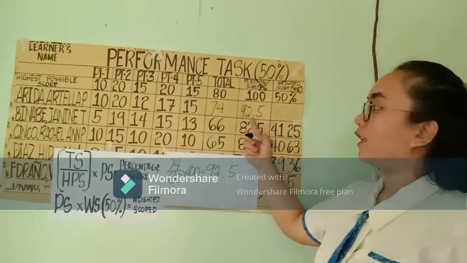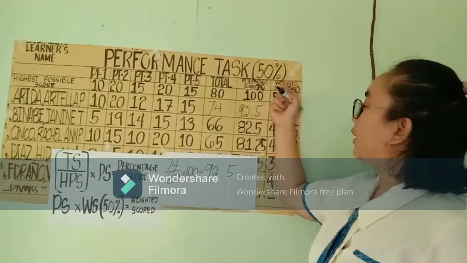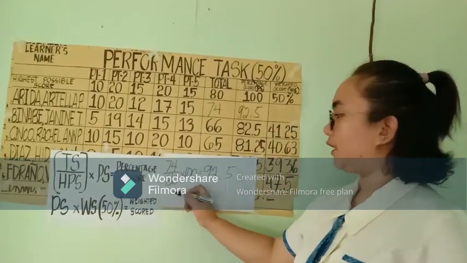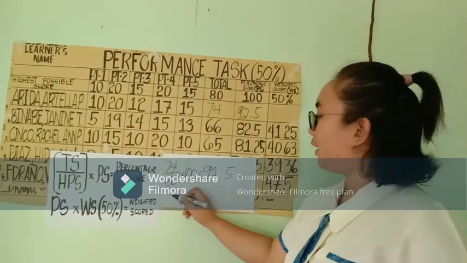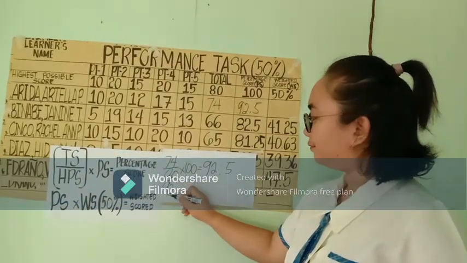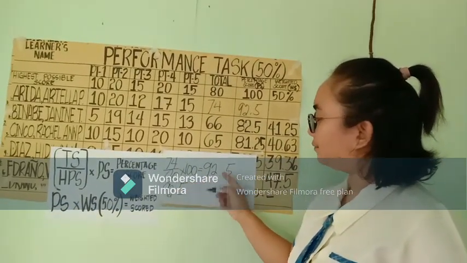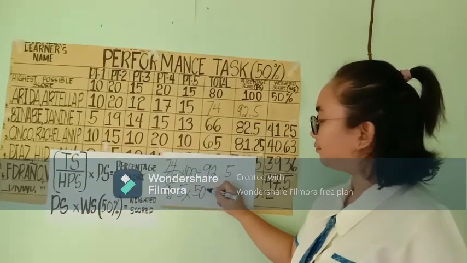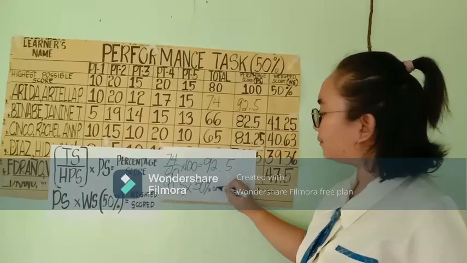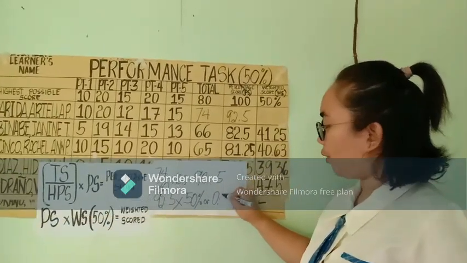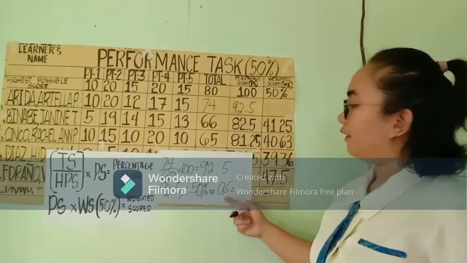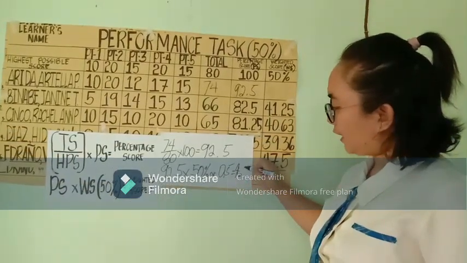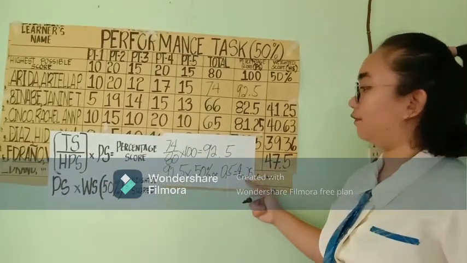Then, in solving your weighted score, the only thing you do is multiply your percentage score of 92.5 by 50%, or 0.5. That is 46.25.